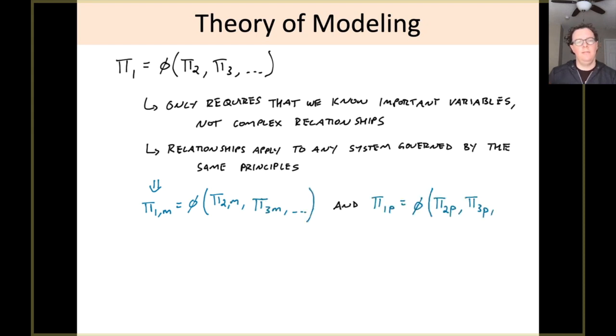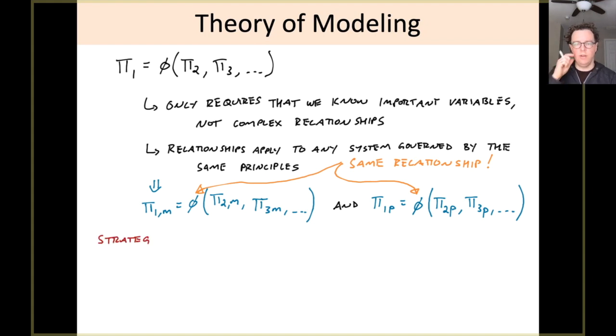This means that this non-dimensional relationship we've derived has to be true for the model, as I've shown on the left-hand side with the subscript m for model, and the real world, the full scale, the prototype, or the subscript p. And so the key thing here is that the same relationship should exist between these non-dimensional terms in the scale model as well as in the prototype. So that's what we're going to take advantage of as we build our models.